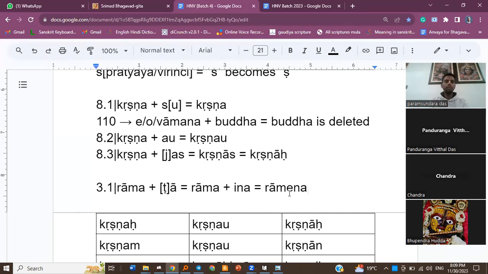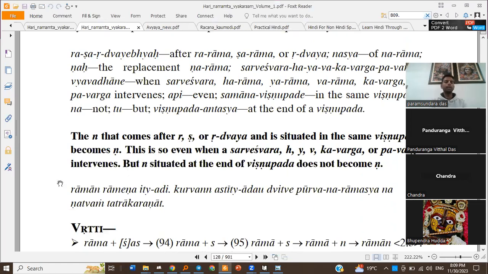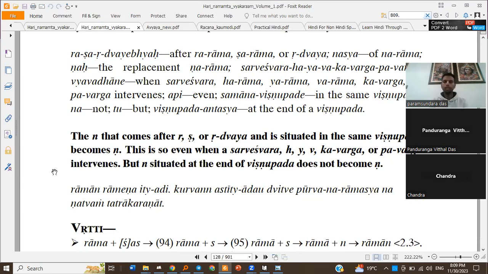So here we apply the Sutra 111, which says the Na Rama that comes after Ra, Sha or Ritvaya and is situated in the same Vishnupada becomes Na. Okay.